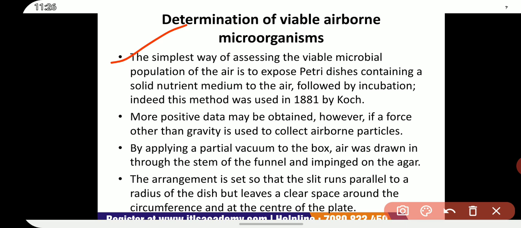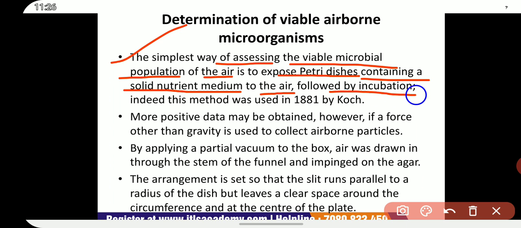The simplest way of assessing the viable microbial population of the air is to expose petri dishes containing a solid nutrient medium to the air, followed by incubation. Indeed, this method was used in 1881 by Koch.